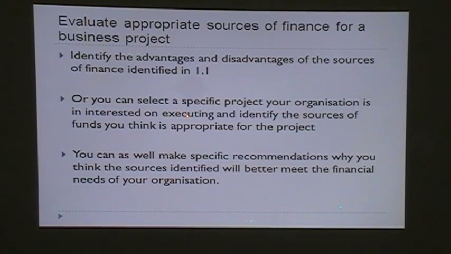Or you can select a specific project your organization is interested in executing and identify the sources of funds you think is appropriate for this project. Lastly, you can as well make specific recommendation why you think the sources identified will better meet the financial needs of your organization, bearing in mind the advantages and disadvantages.